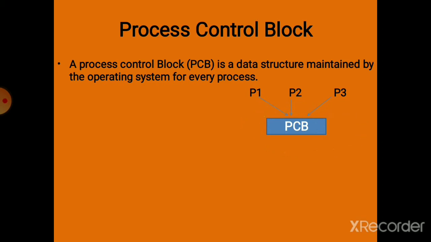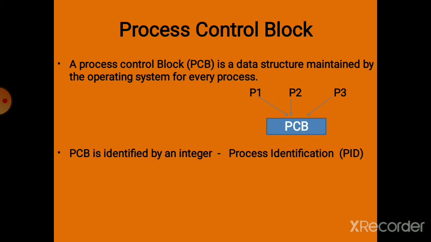Each process has its own identification number. If you say process P1, it has one unique identification number. In the same way, P2 has its own unique identification number. So the PCB contains the information about each individual process with its ID.